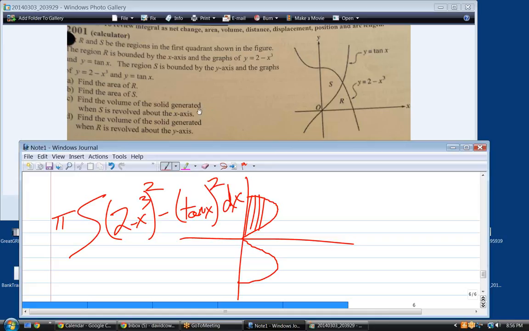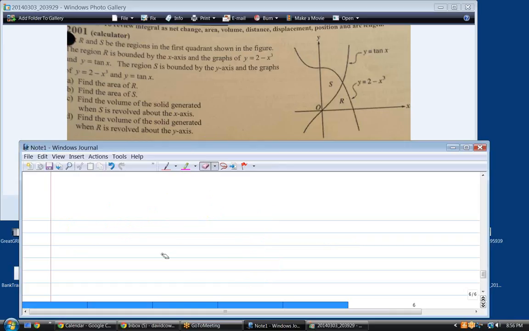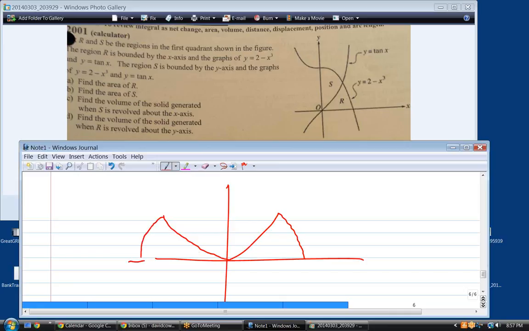Find the volume of the solid generated when R is revolved about the y-axis. So just do the same thing, just read right minus the, would be the outside, which would be the far right, and then the inside would be.